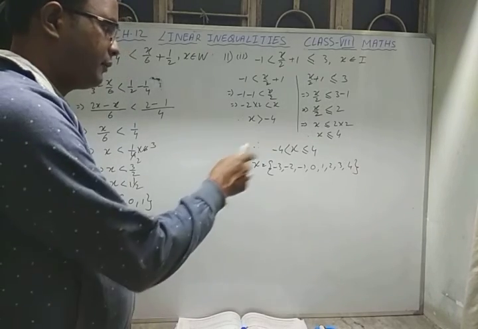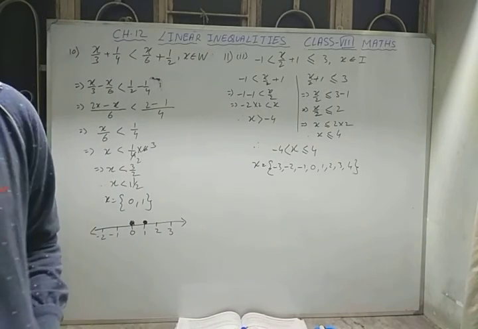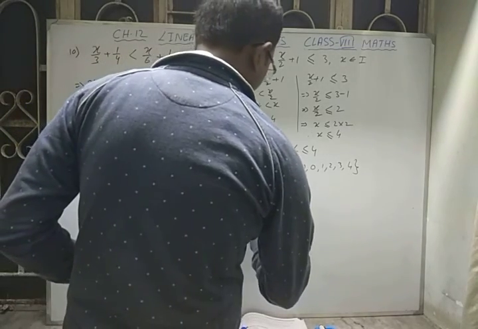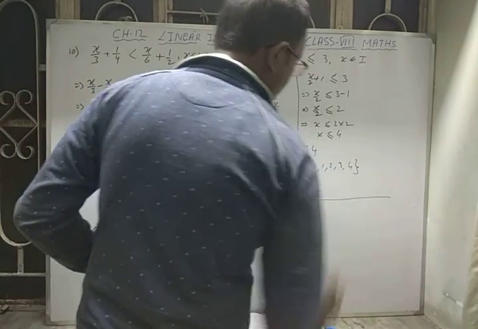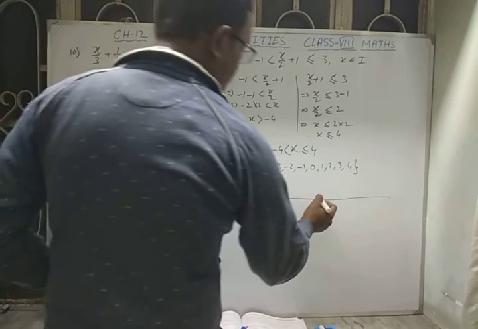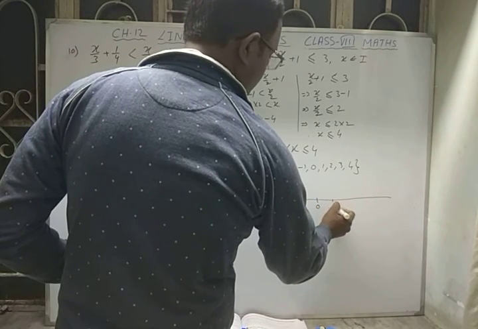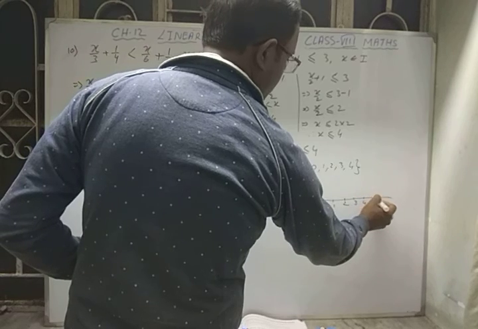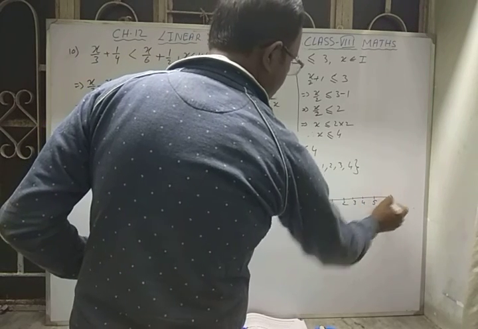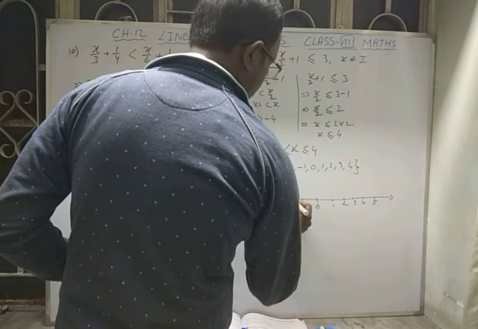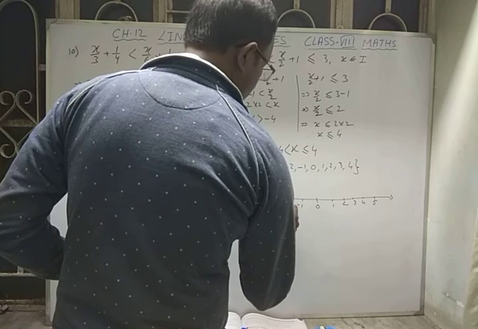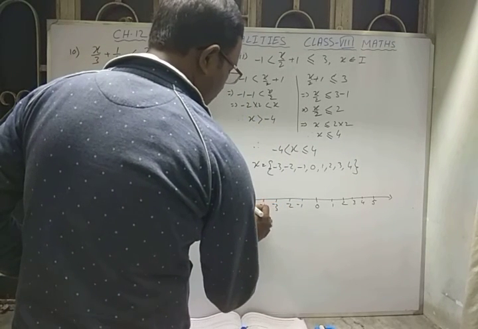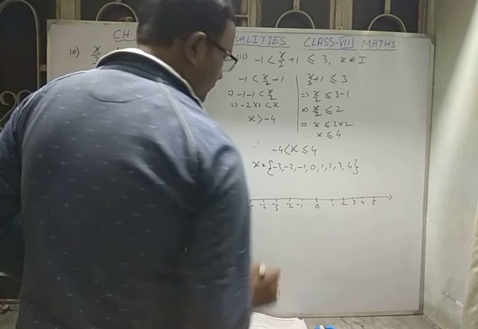Now easily you can represent it on a number line. For that you have to draw the number line. Put 0 here, 1, 2, 3, 4 and 5. Here also -1, -2, -3, -4 and -5.